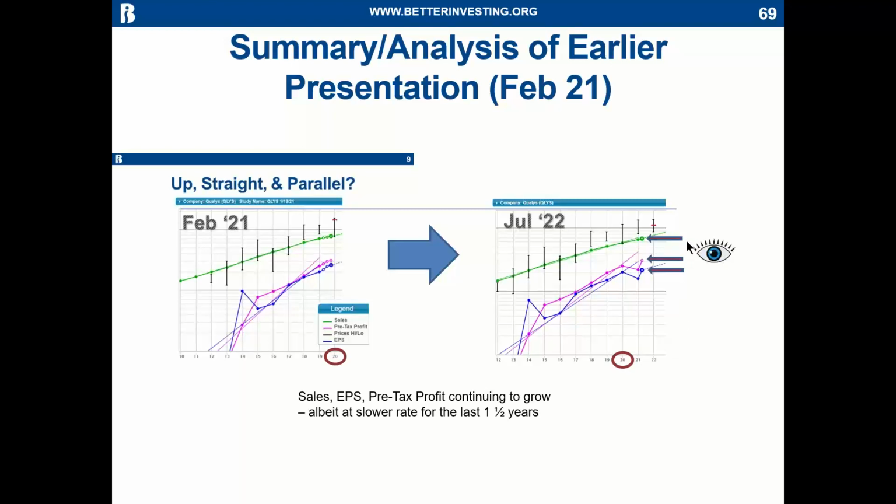This is pretty important, again, because it has a moat. We want more and more people to be buying the product, and therefore there's a certain stickiness associated with it. The other thing I want to note is that there was a drop for 21, but it is back on track in terms of the EPS and pre-tax profits. Next slide.